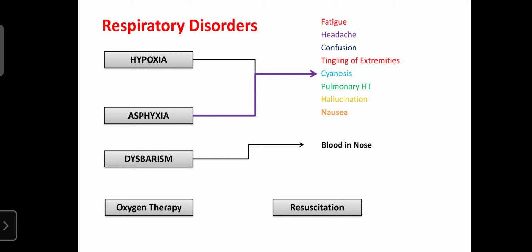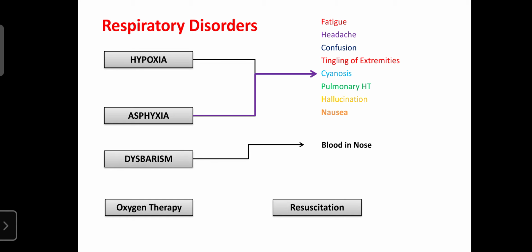If it changes more than that, we suffer from bleeding in the nose. That condition is known as dysbarism. Likewise, when you go to high altitudes, like a hill station, blood in the nose occurs, which denotes that the environmental pressure has dropped and cannot be adjusted by our lungs. So nose bleeding denotes a drop in the atmospheric pressure.